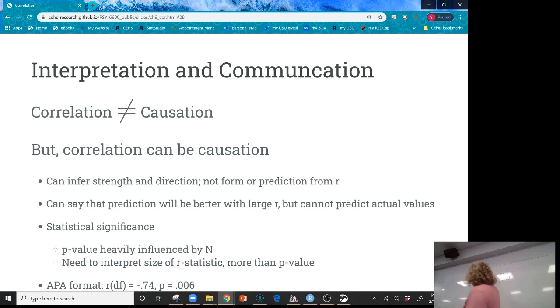Okay, so I wrote the R value and the T value separately, but the T value is just a recalculation of the R value based on the sample size. So usually in APA, we write it like this.